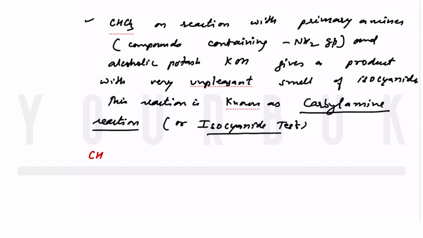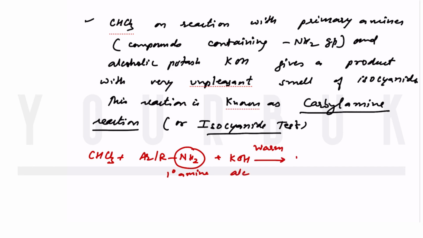And this is the equation involved. This is chloroform on reaction with any primary amine, aliphatic or aromatic. The only requirement is that an NH2 group should be present, and alcoholic potash, warm. It gives a product with a very unpleasant smell.